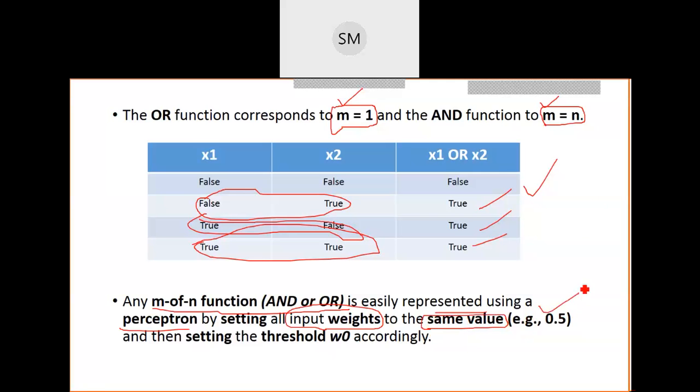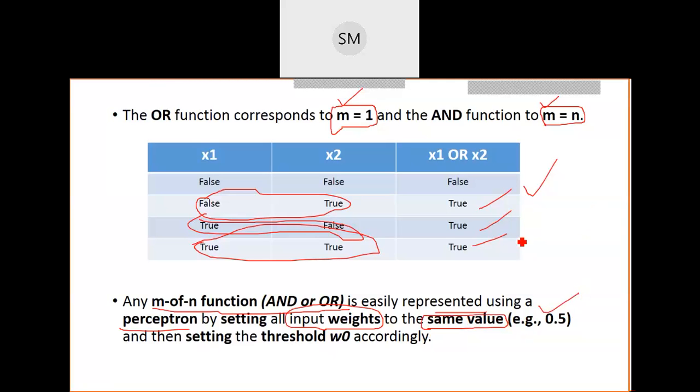So for example, in the previous example, W1 as well as W2 are both 0.5. If the weights are the same, it will be very easy for us to represent these AND and OR operations with the help of this perceptron.